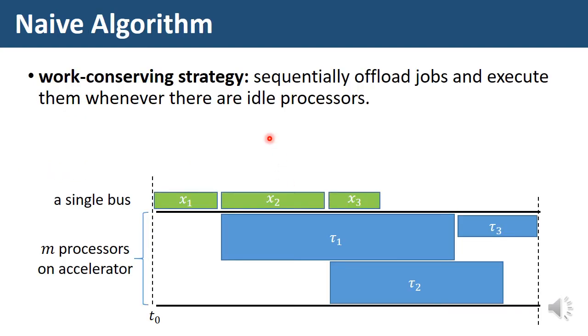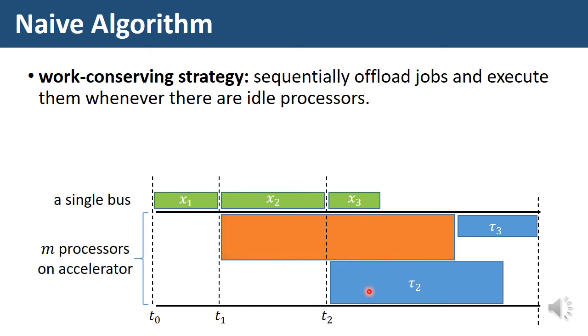Intuitively, we can schedule the jobs in a work-conserving strategy. It means that we can sequentially offload the jobs and execute them whenever there are idle processors. For example, we first offload the 3 jobs tau 1 to tau 3 one by one, and at time 1, when tau 1 completes its offloading, tau 1 can be executed as soon as possible because there are idle processors.